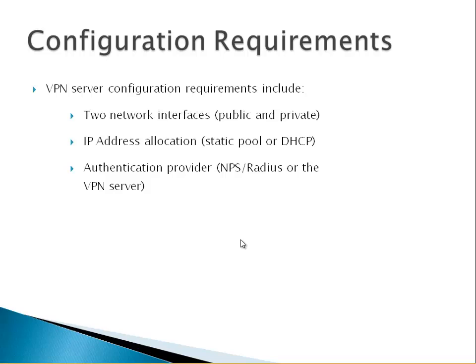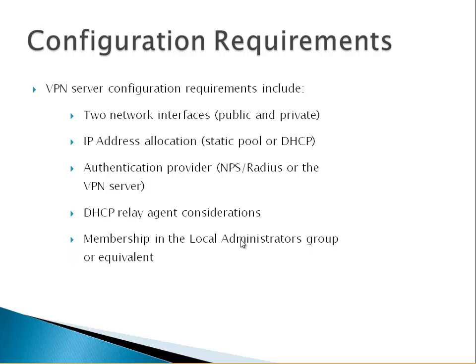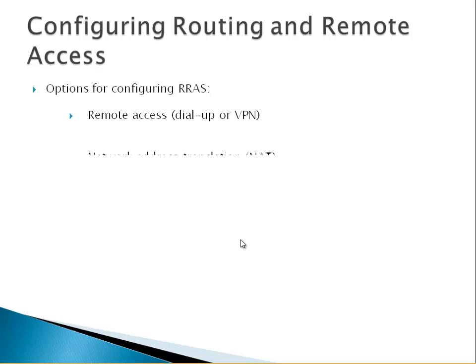Who's going to do the authentication? NPS, network policy server, or RADIUS, or the VPN server. And if we get the IP address through DHCP, we have to think of something called relay agent considerations, and the membership in the local administrator group or equivalent. Configuring routing and remote access. Remote access we can configure; again, this one we'll see after we install.